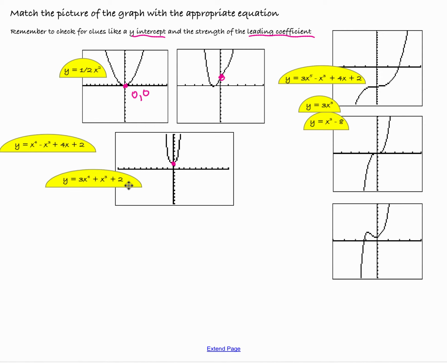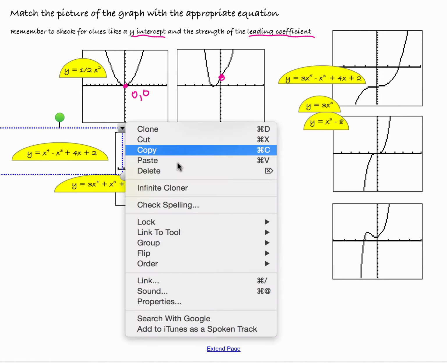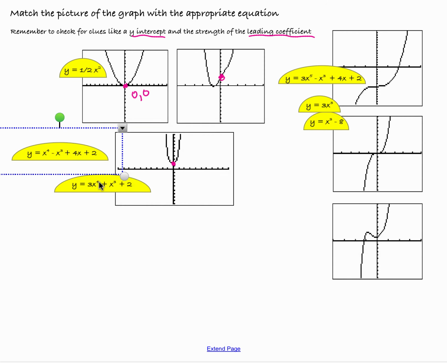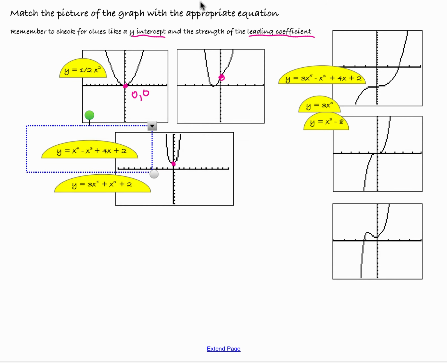Now, which one goes with these other ones? That's where we look at the leading coefficient strength. This has a leading coefficient of 3. This has a leading coefficient of 1. If I have a leading coefficient of 3, if we remember again from 8th grade, that means we're stretching our end tail behavior and making them very tall and very skinny.